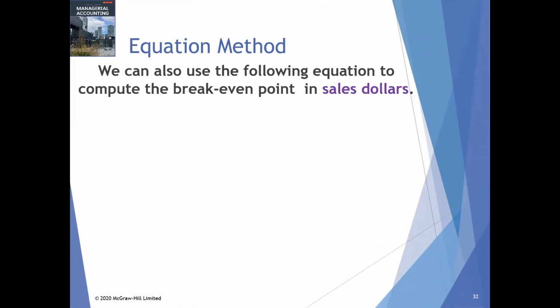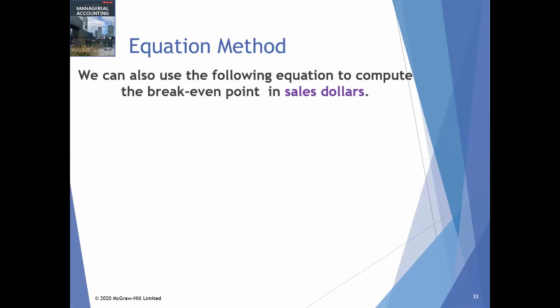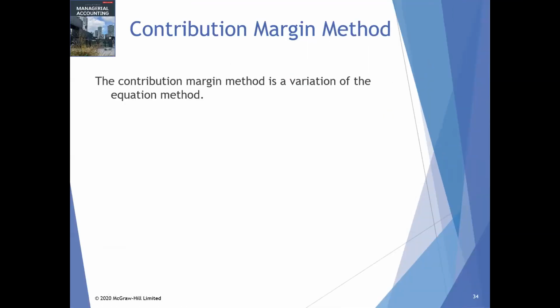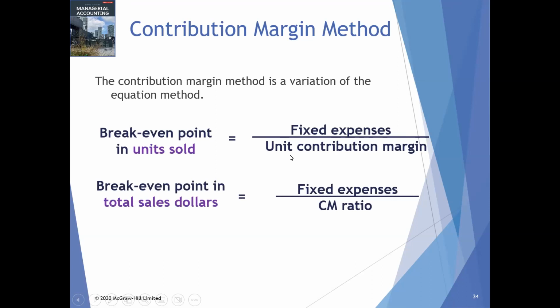If on the other side we want to do it with the other method, we can also calculate very easily. This we have already done in the previous video. Now we can see the contribution margin method. This method is the fixed expenditure divided by the unit contribution margin, right?